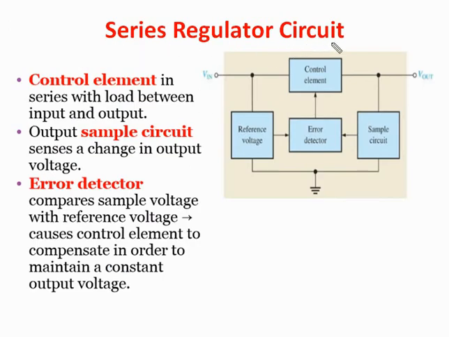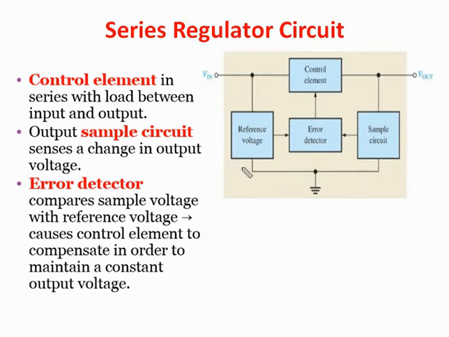Series voltage regulator. This is the general block diagram of the series voltage regulator. So the control element is connected in series with the input voltage and the output voltage. So the control element is in series with the load between the input and output. Output is sensed by the sample circuit. That means whatever changes occur in the output voltage are sensed by the sample circuit.